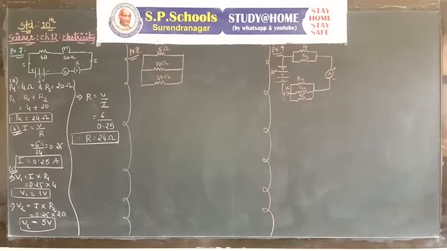Calculate, first, the current through each resistor; second, the total current in the circuit; and third, the total circuit resistance. We find them.